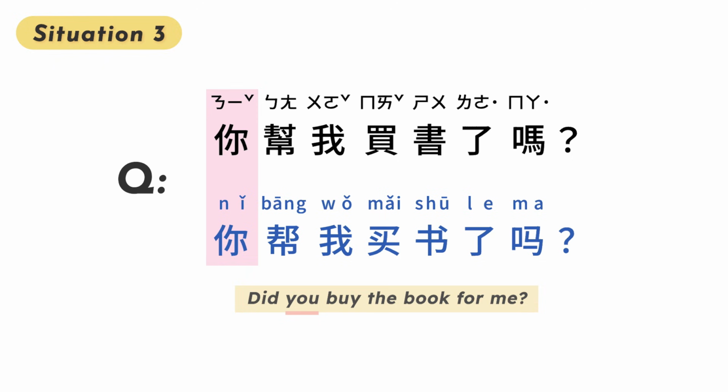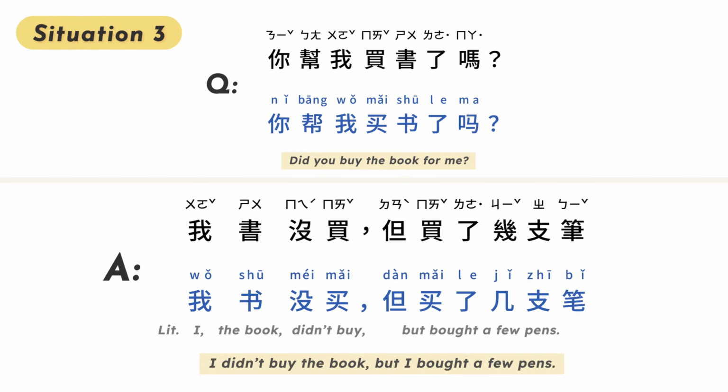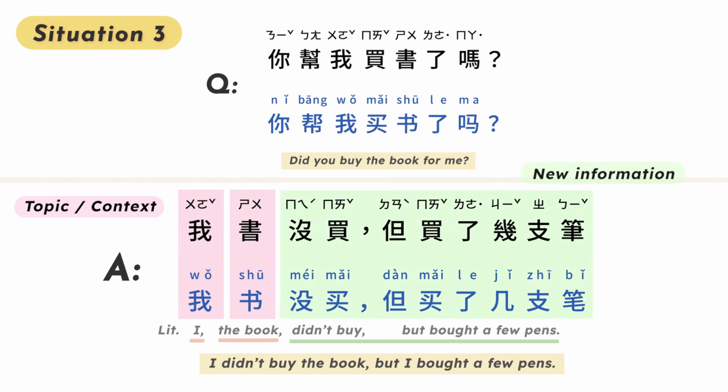At the same time, the book is also part of what we're discussing, so you can bring it up in the initial part of the sentence and say, 我书没买，但买了几支笔。I, the book, didn't buy, but bought a few pens, which expresses that I didn't buy the book, but I bought a few pens.